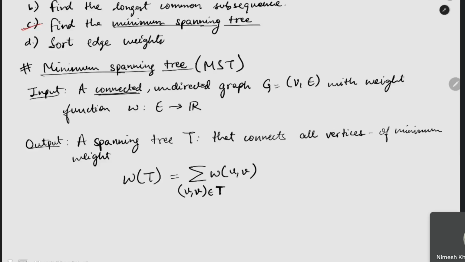And we make sure that in a minimum spanning tree we end up with a connected graph, so there are no dangling vertices, or no two separate trees, after we are done with the MST algorithm.